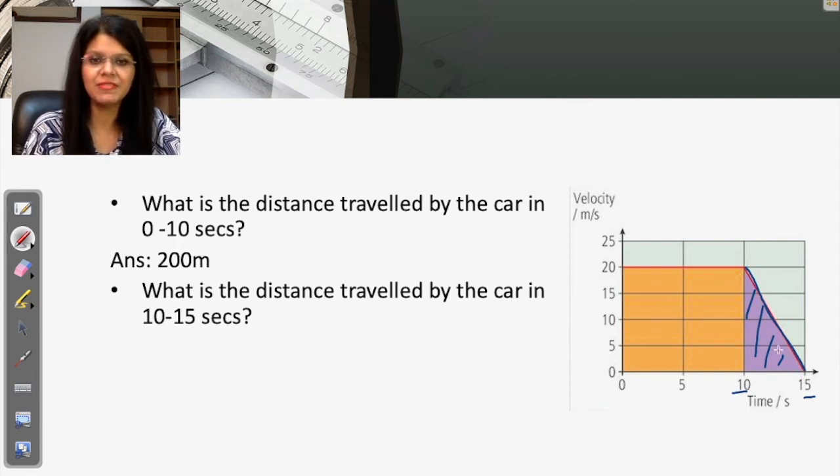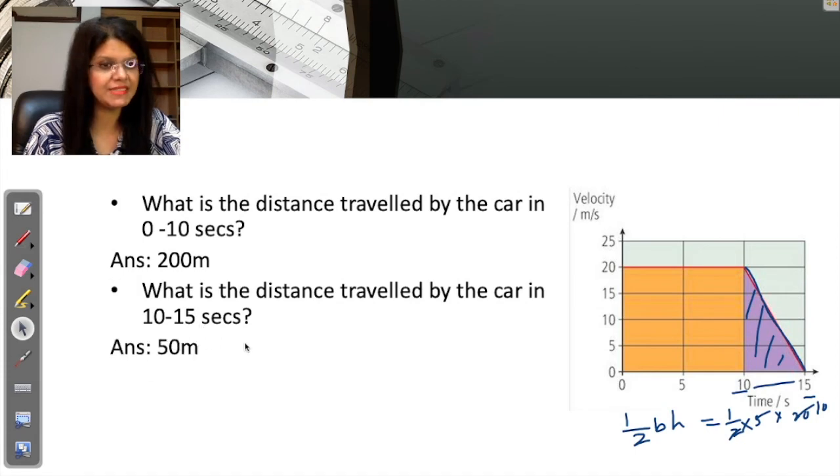So what is the formula for the area of the triangle? Half base height. So half, what is the base? 5. Height is 20. So what should be the answer? 50. 50 meters.